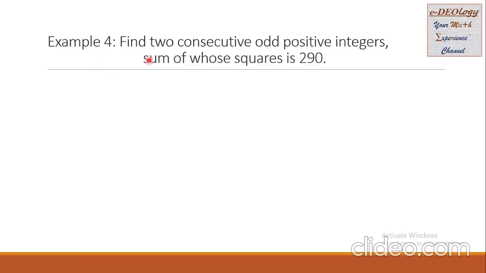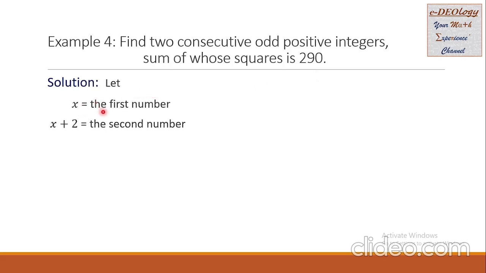Example 4. Find two consecutive odd positive integers, the sum of whose squares is 290. We let x be the first number. For the second number, we write x plus 2 because we require two consecutive odd positive integers.